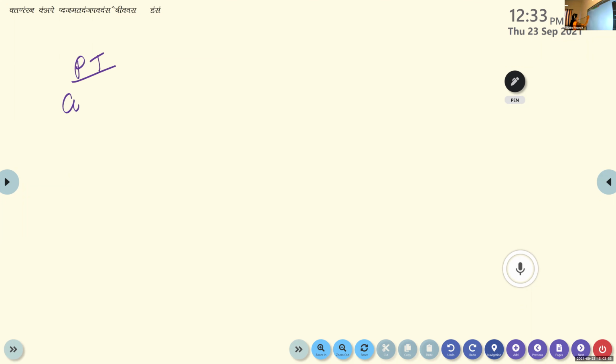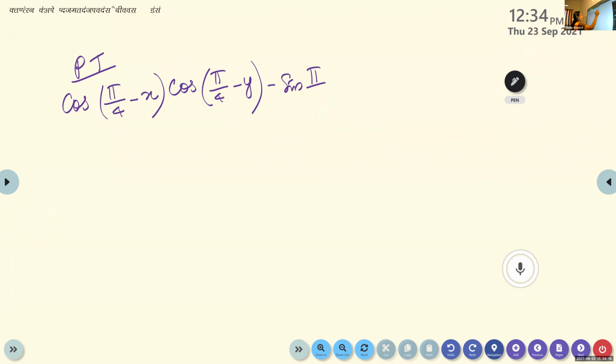Prove that cos of pi by 4 minus x, cos of pi by 4 minus y, minus sine of pi by 4 minus x into sine of pi by 4 minus y equals sine of x plus y. We have to prove this is equivalent to sine of x plus y.